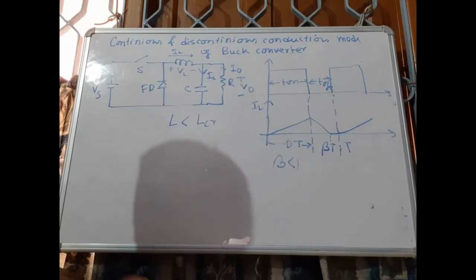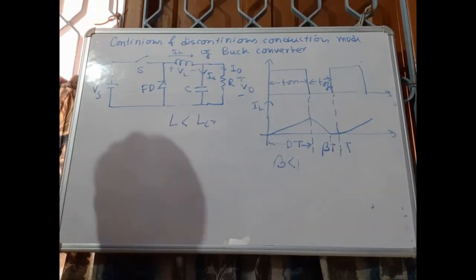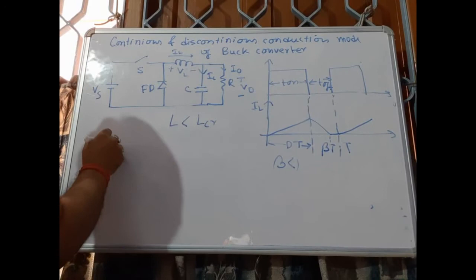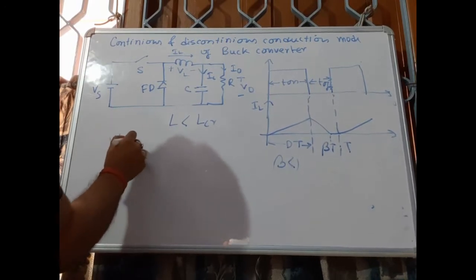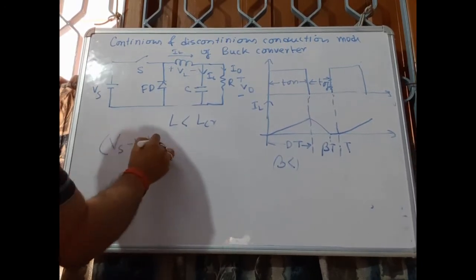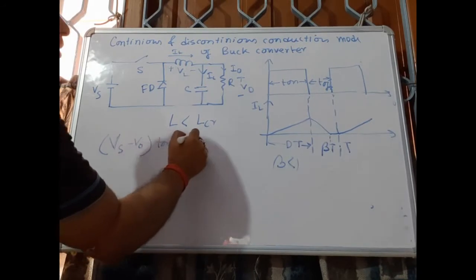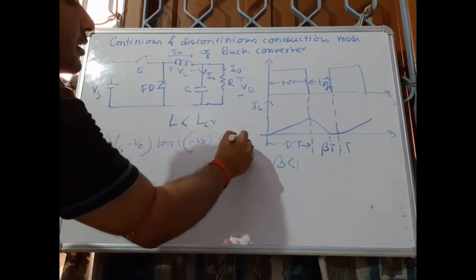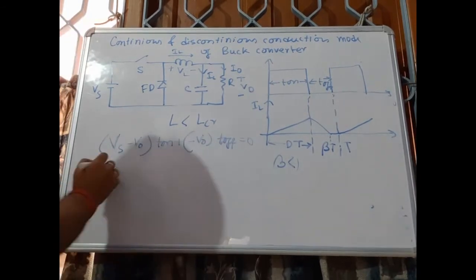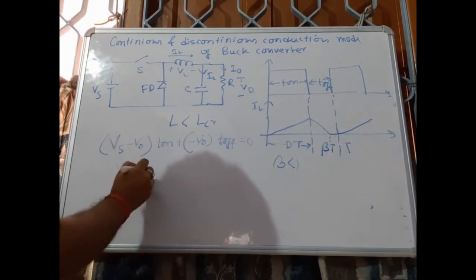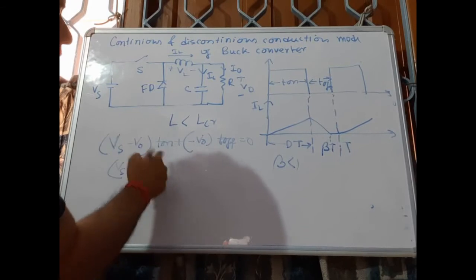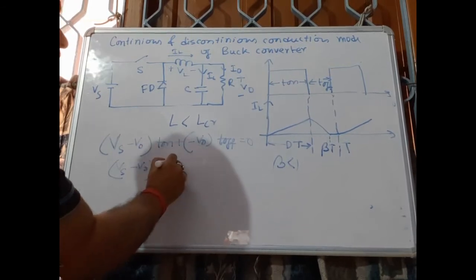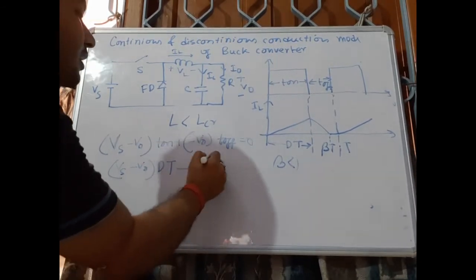Now if I do the voltage second balance again, we have (Vs minus V naught) into T on plus minus of V naught into T off. This is a known equation. Now (Vs minus V naught) into T on is your DT, minus V naught.